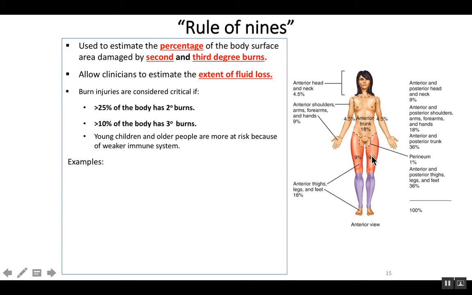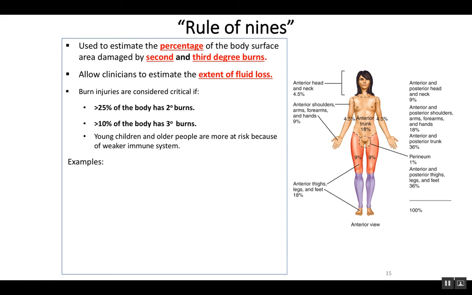So it would be 9% on the entire anterior of one leg, 9% on the total anterior of the other leg. Therefore, 9 and 9 is anterior, 9 and 9 is posterior. That is a total of 36% for both legs.